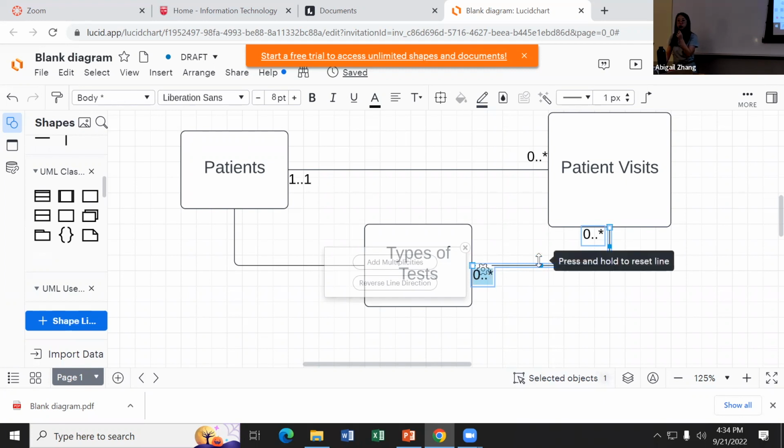Any questions here? What about the side on the patient visit? Each type of test is associated with what multiplicity of patient visits?